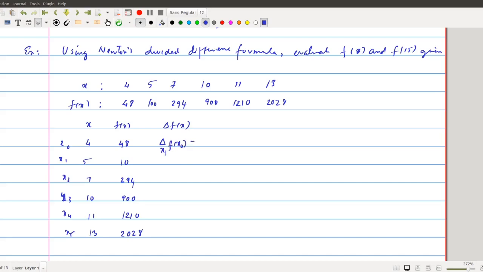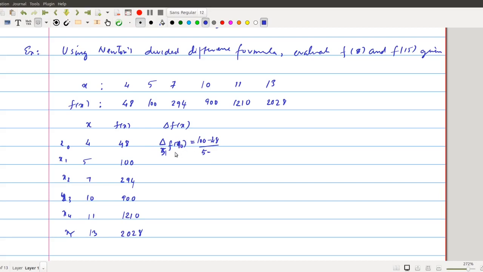Okay, how will you find this? This is f of x1 minus f of x0. So that is 100 minus 48 divided by 5 minus 4, so x1 is 5 here and x0 is 4.